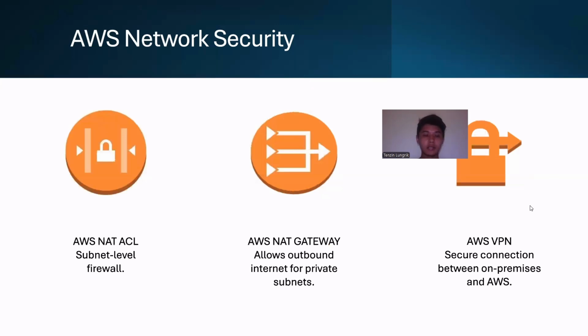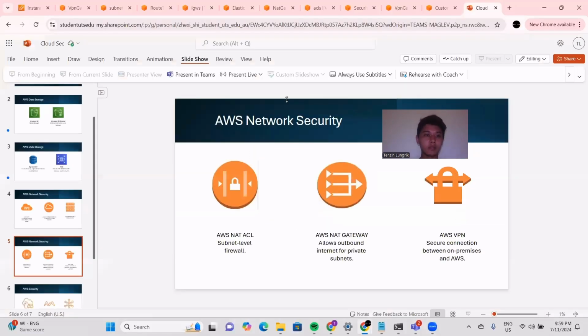In the next slide, we have NACL for subnet-level security, and NAT Gateway, which sits in a public subnet but gives a private subnet a gateway for internet access. Then we have VPN for a secure connection between on-premises and AWS. I'll give a quick demo of what we have done here.